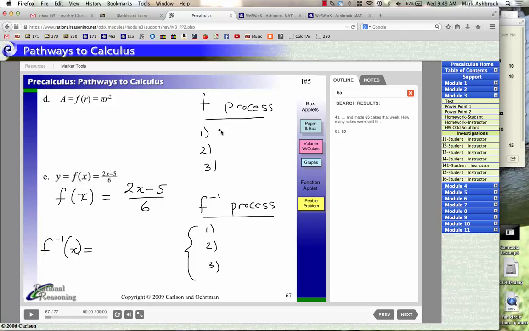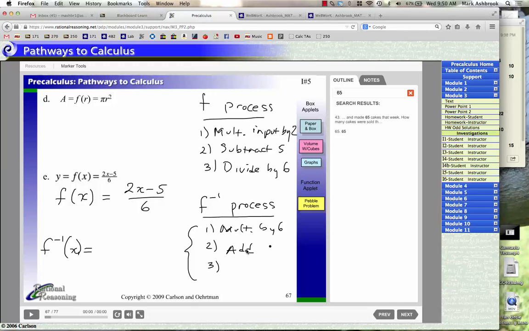Okay, so quick. F does what first? Multiply input by 2. Take that result and subtract 5. Then divide by 6. Reverse in reverse. Multiply by 6.